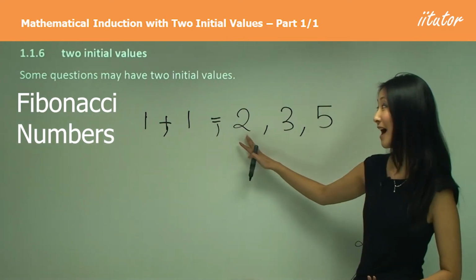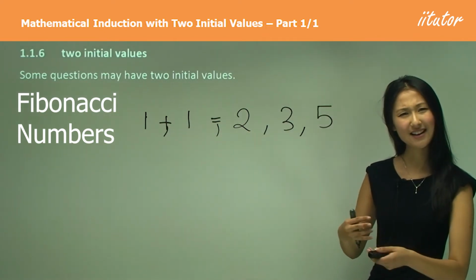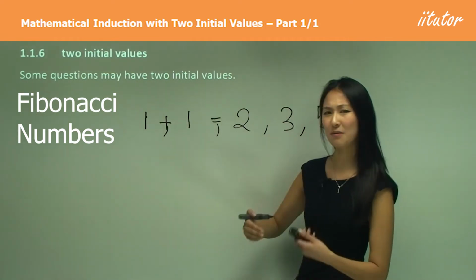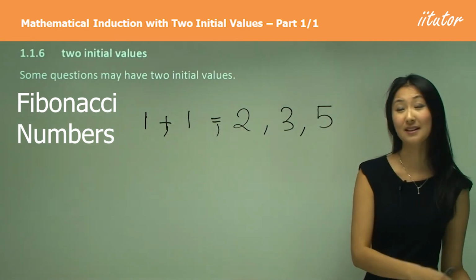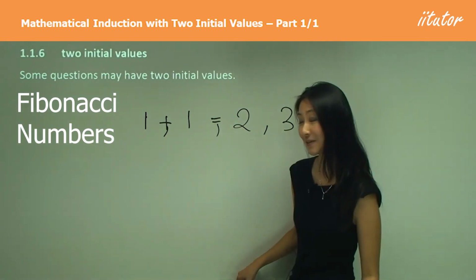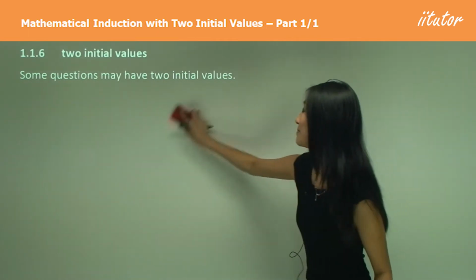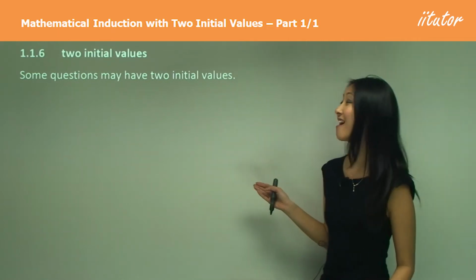Because without a third value, you don't actually know what that relationship is. Can you guys see how these two values don't mean anything by themselves? You need both of them to start this sequence. So I want you to keep that concept in mind when we have a look at the next question.